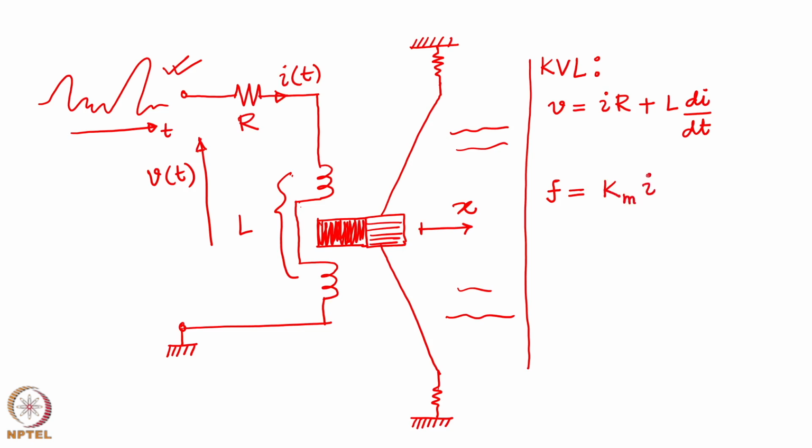The bobbin experiences a force which is directly proportional to this armature current, and this force causes this X to move. The bobbin has a mass m.